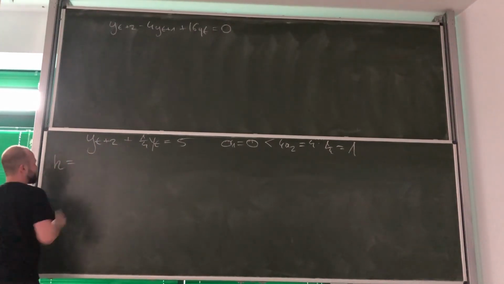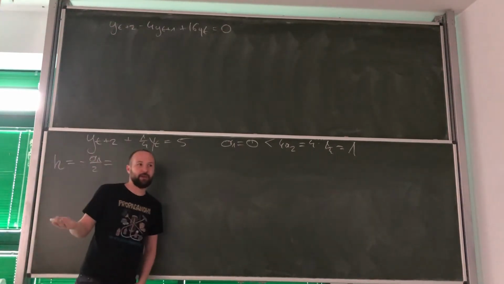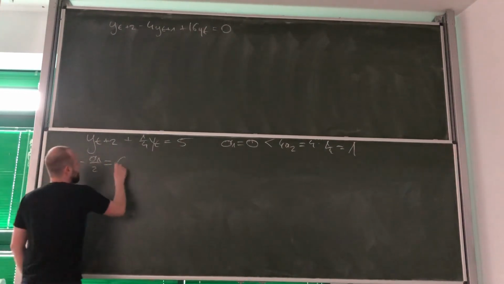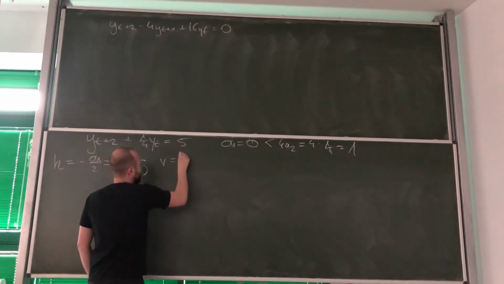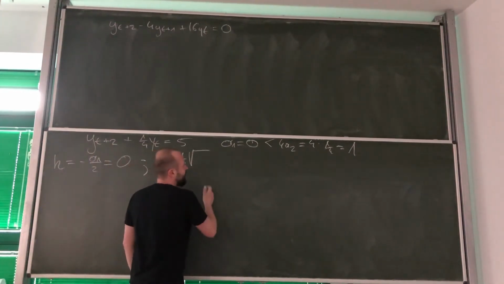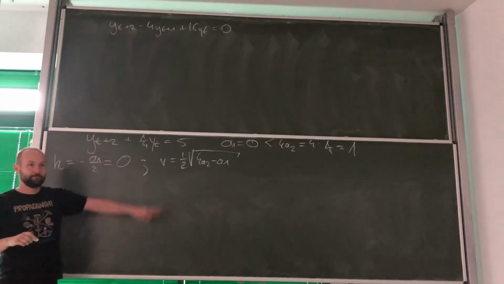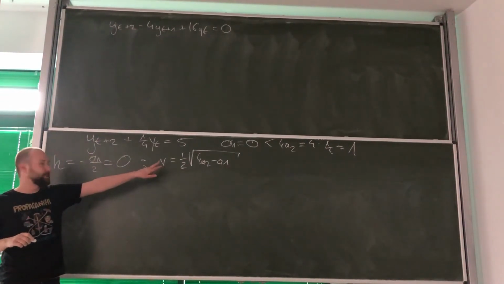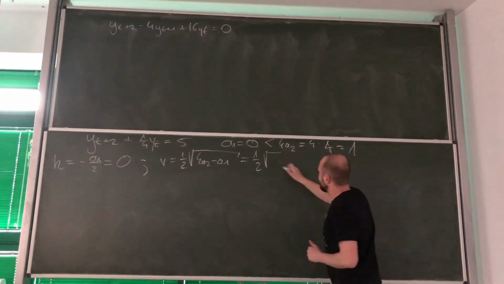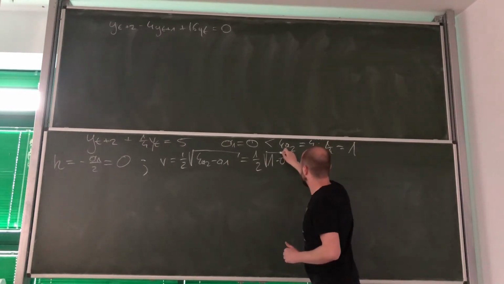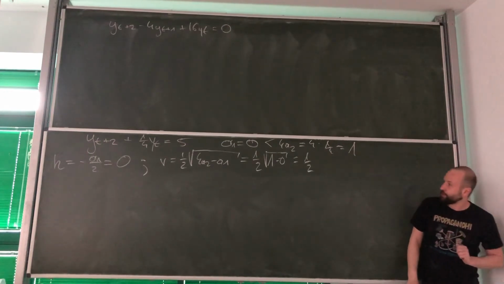And if we have complex roots, then we know what to do. First, we need to find h. H is negative a1 over 2. However, since a1 is 0, well, this must be 0. Then v, which is 1 over 2 square root of 4a2 minus a1 squared, so we got that this is 1 over 2 times 1, which is 1 over 2.